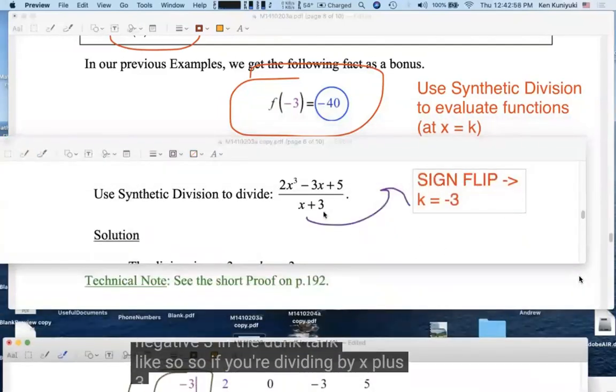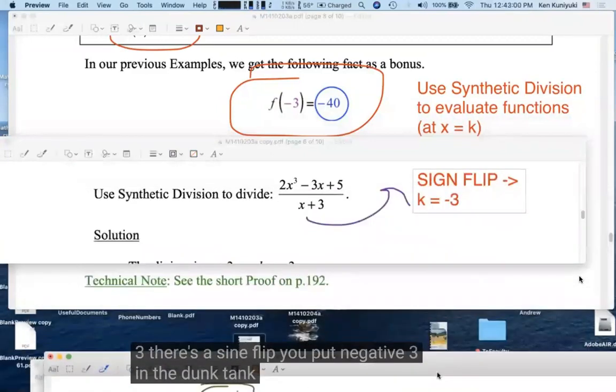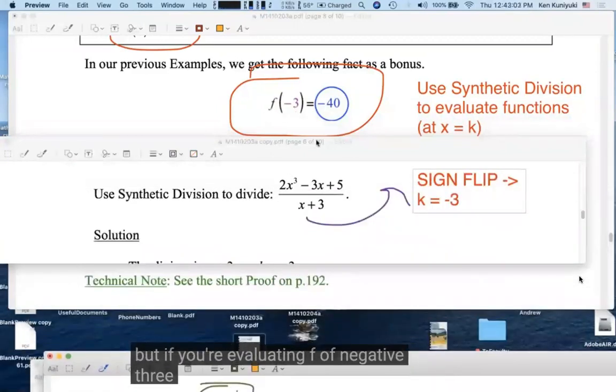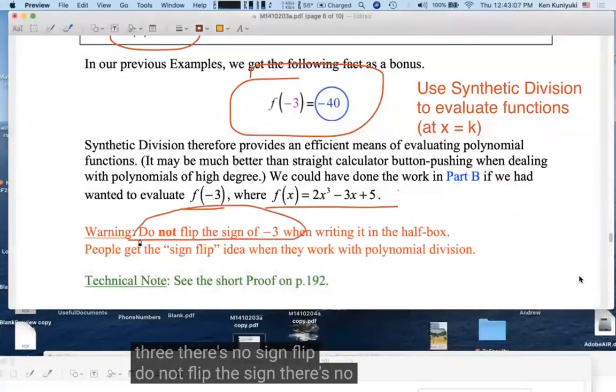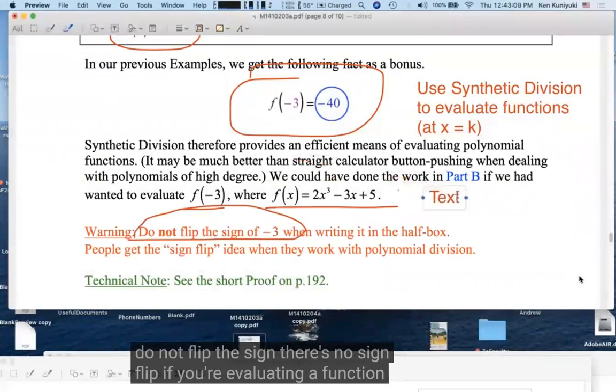But if you're evaluating f of negative 3, there's no sign flip. Do not flip the sign. There's no sign flip if you're evaluating a function.